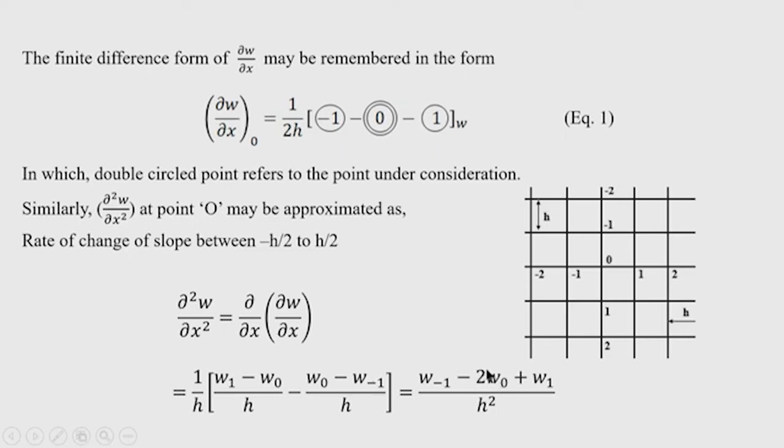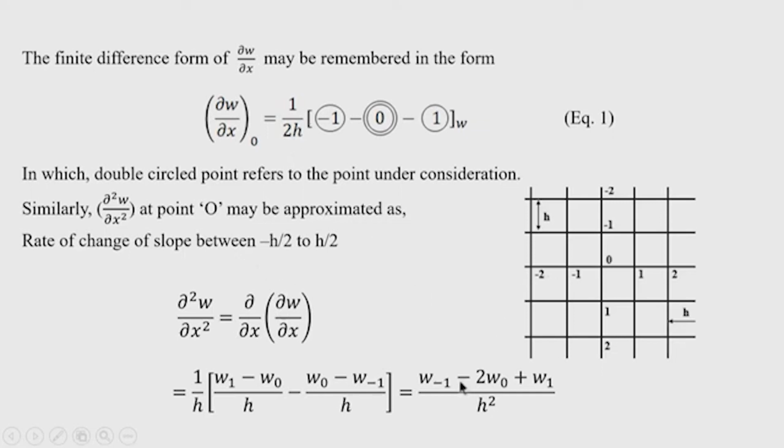That means it is the second derivative, and when you use this equation, you have to place the stencil. I will show it in the next slide. That is the stencil for your slope, but for the derivative also a stencil can be constructed.